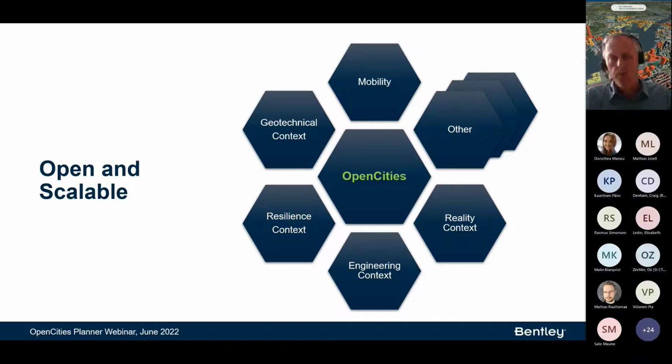So OpenCities is one key component, but we have extensions into managing the reality data, content management, feature extraction, etc. The engineering context to handle all the engineering data across large capital projects, and also for asset operation.